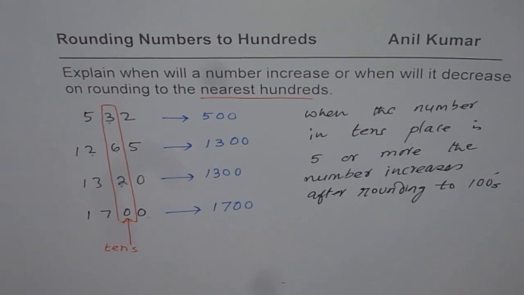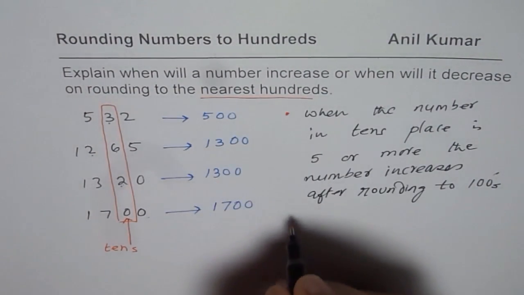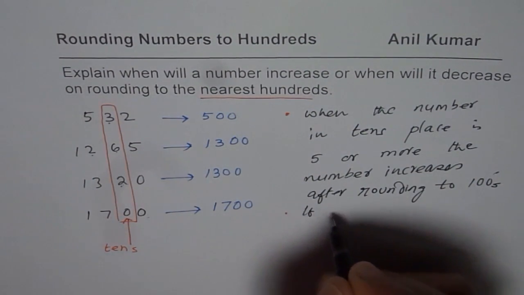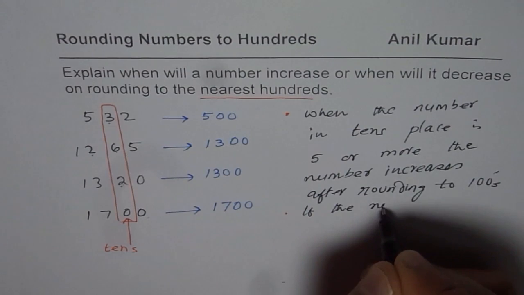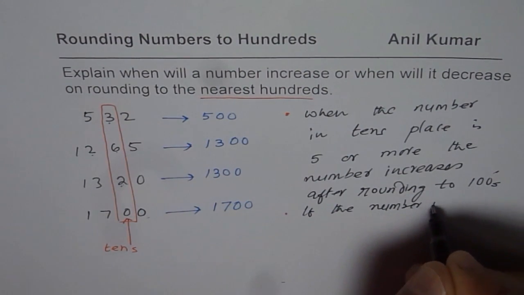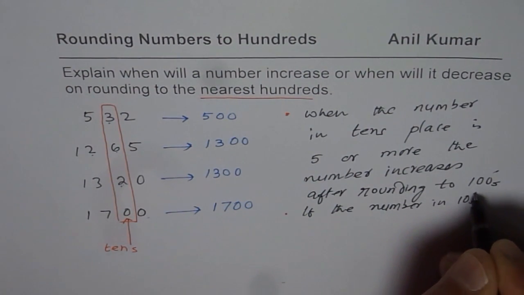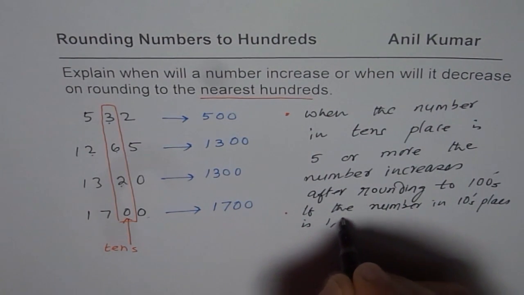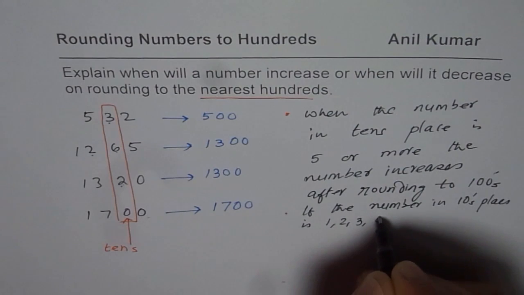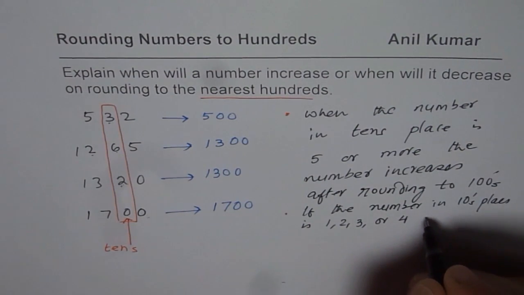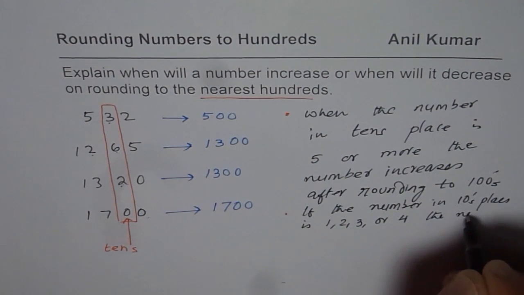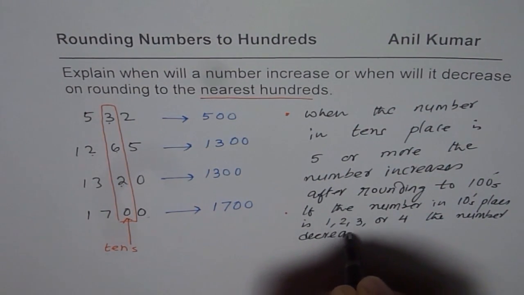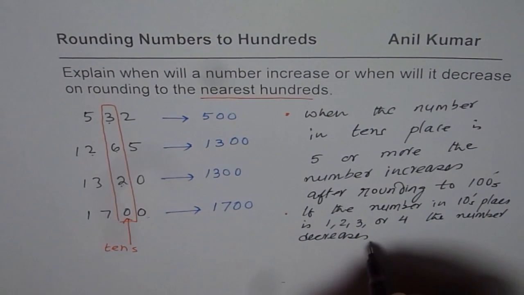When will it decrease? If the number in tens place, let me write tens place like this, is 1, 2, 3 or 4, the number decreases, right?